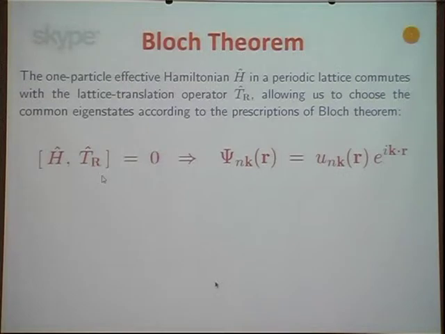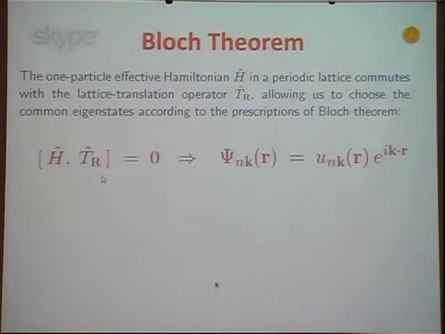And even if the Hamiltonian H is periodic, the wave function psi is not periodic, but has a very special form: it is equal to a periodic part that we'll always call u_nk, modulated by a plane wave with wave vector k.